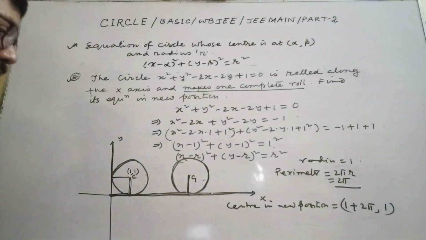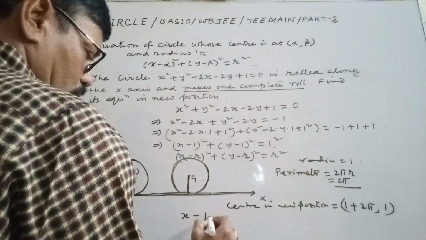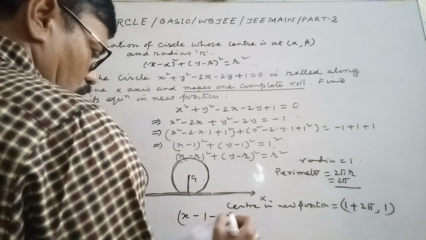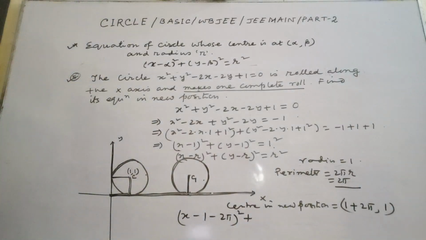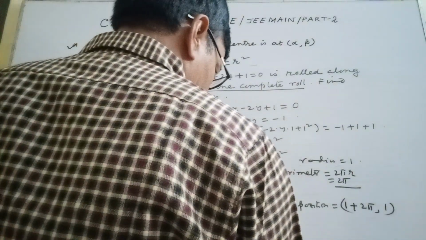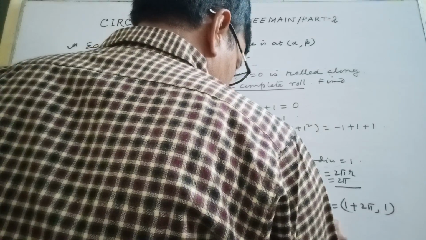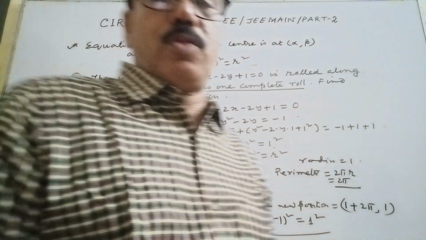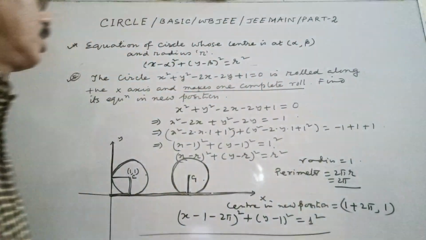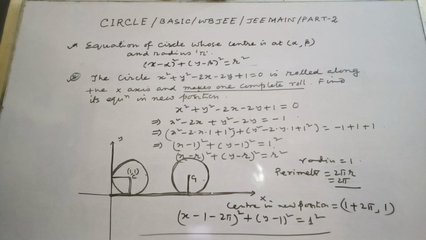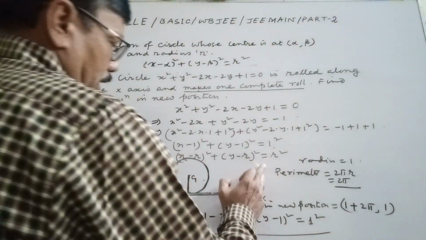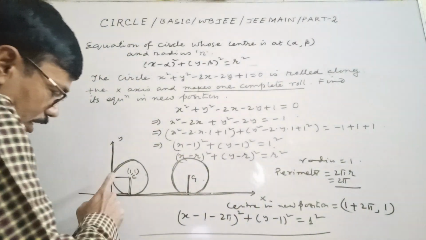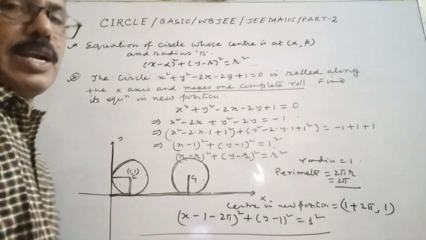So what is the equation of the circle? x minus 1 minus 2 pi whole square plus y minus 1 whole square equals 1 square. So this will be the equation of the circle in its new position. This is to be noted. So it touches both the axes.